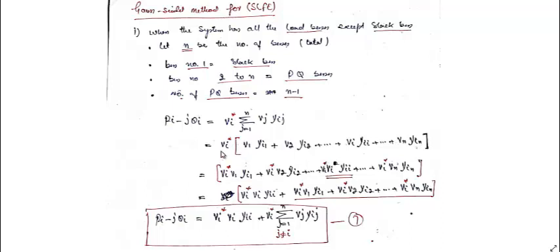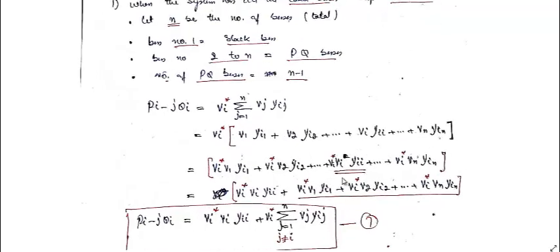So I multiply this Vi star to this whole equation, it will be equal to Vi star V1 Yi1 plus Vi star V2 Yi2 plus, when j is equal to i, Vi star Vi into Yii, plus up to Vi star Vn Yin. I'll first write this term, that is Vi star into Vi Yii.